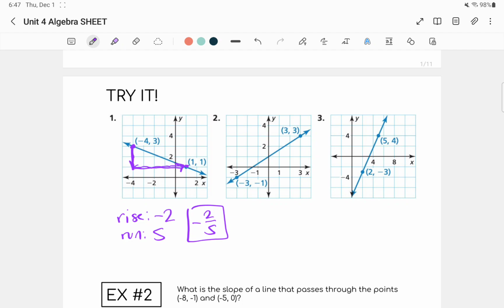So let's look at number 2. Let's just set up rise and run right here, and then let's count over. Now, how do you know where to count over? I'm always going to start with my left point and then go over to my right point. So my left point is right here and my right point is right here, so I'm going to go from here to here. I'm going to first rise: I'm going to count up 1, 2, 3, 4. So I'm rising 4.